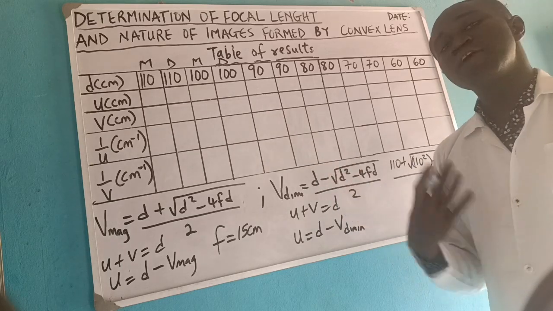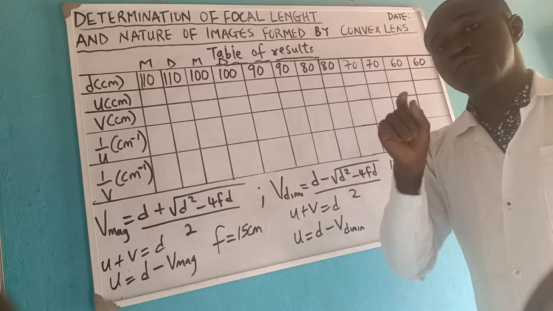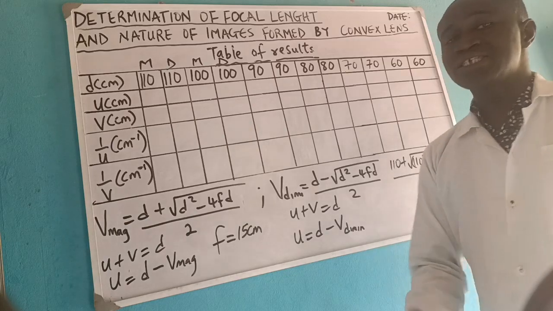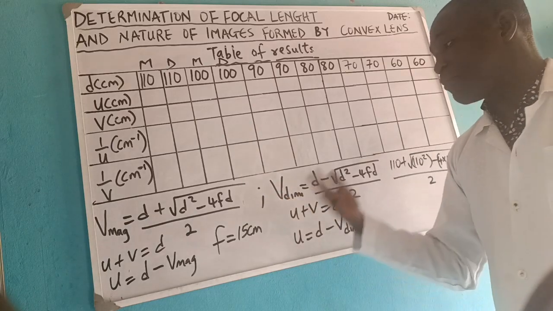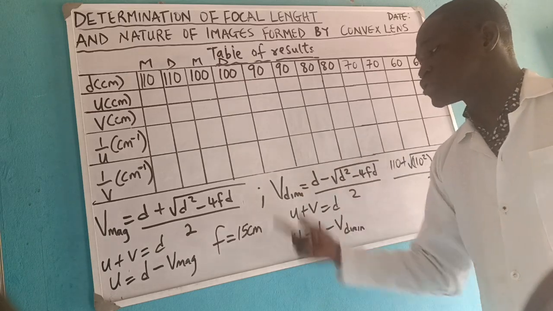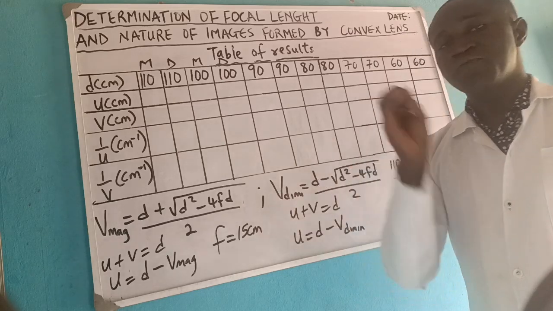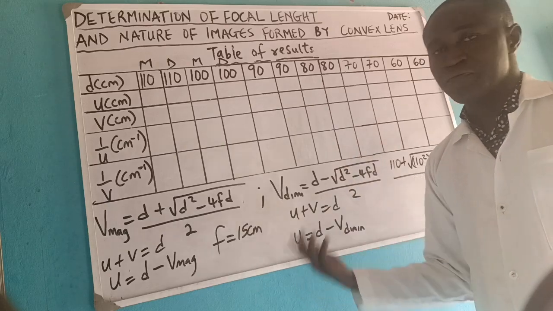So I said if you are not able to get the focal length of the convex lens you are using in your own school, know that it ranges between 10 to 20 depending on the school, the type of lens they make use of. So if you do not succeed in getting the focal length of the lens you will use, just use f equal to 15.